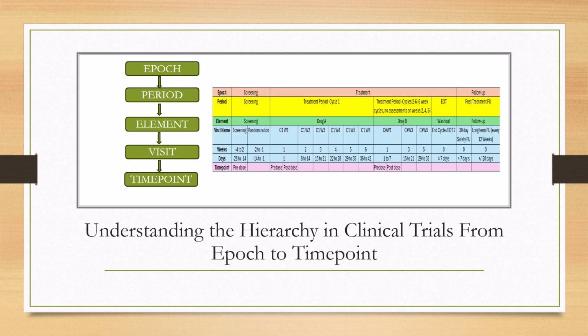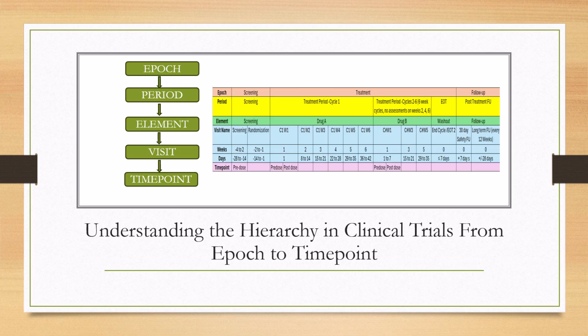Each element has a defined start and end date, and the subject experiences it in a sequence. Like in this case, it is screening, drug A, drug B, washout, and follow up. Or normally, what we have is screening, washout, treatment, and follow up.